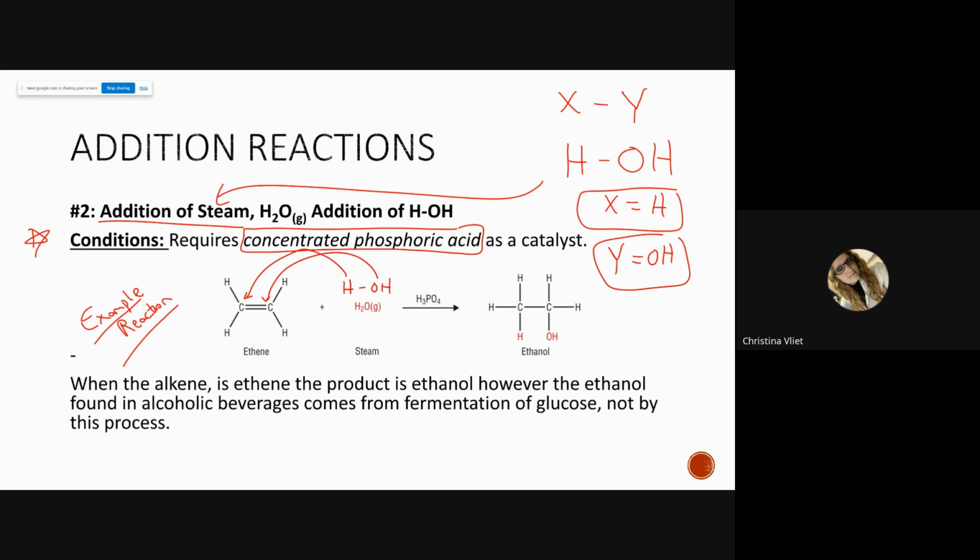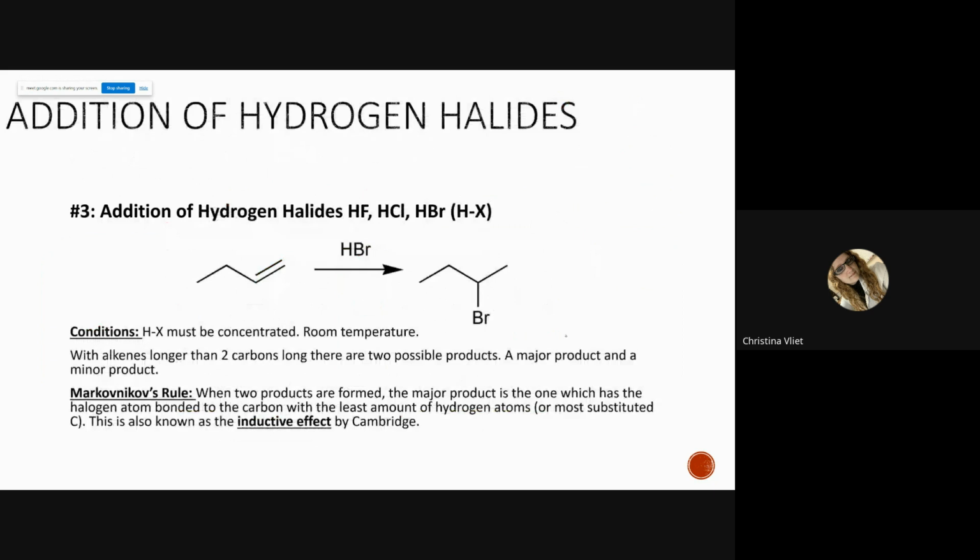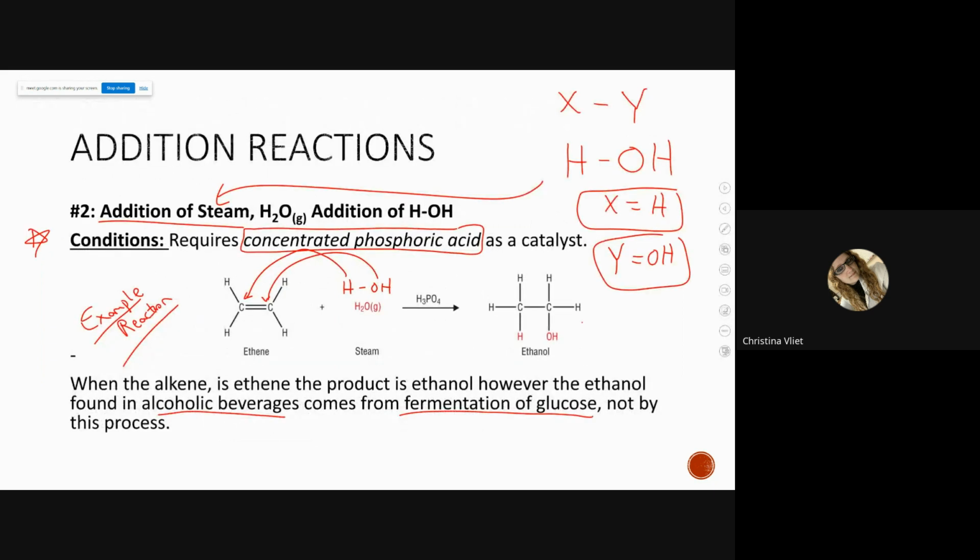All the alcohol that's sold in alcoholic beverages is made by fermentation of glucose, not through this method. So they don't sit in labs creating alcohol out of alkene. However, it's technically plausible to do. So we're good?